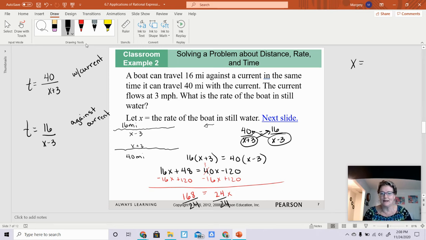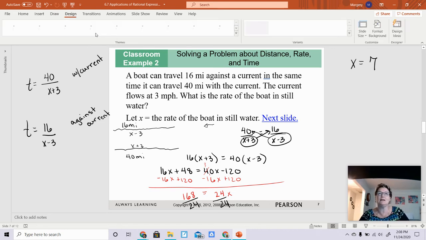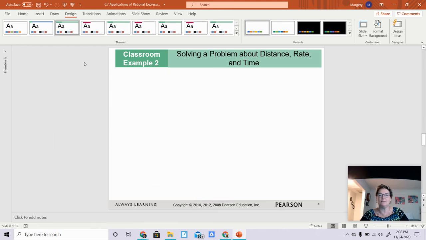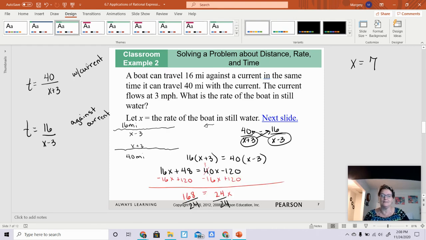So if the boat were just in still water, the rate would be 7. Just plain old 7 miles per hour. That's it. I'm trying to multitask right now. I'm so sorry. So if the boat is in still water, it would be 7 miles per hour.